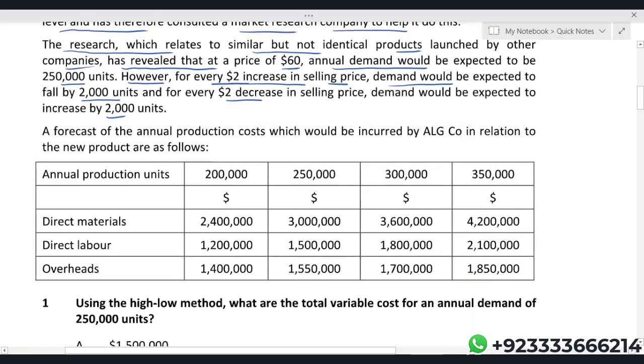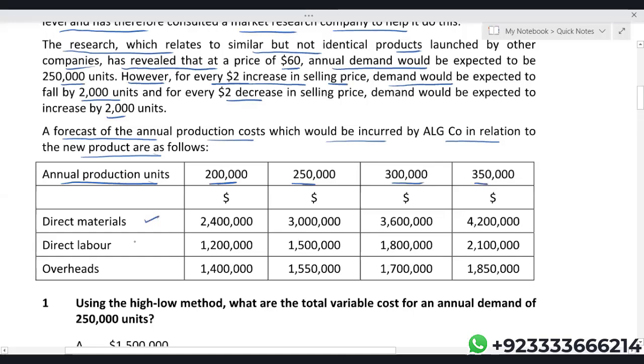A forecast of annual production costs which would be incurred by ALG company in relation to the new product is as follows. Annual production units: 200,000, 250,000, 300,000, and 350,000.